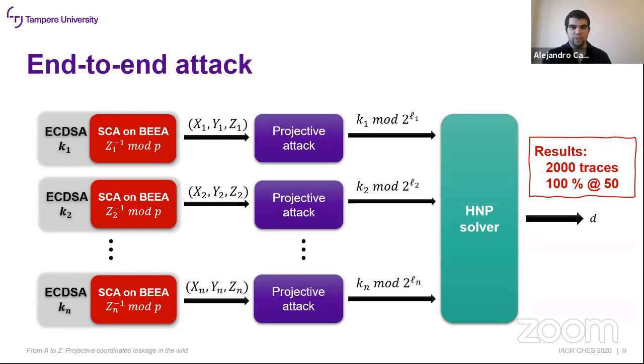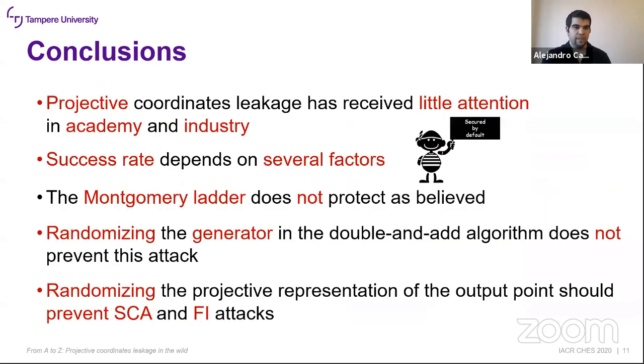2,000 traces. The conclusion of this work is that projective coordinate leakage has received little attention in academia and industry. The success rate depends on several factors, therefore secure-by-default mitigations are preferred.